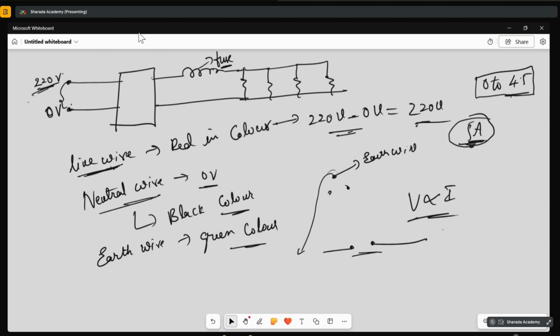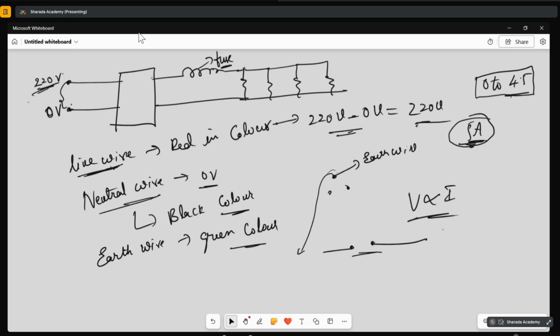So what we will do for the iron box and all, usually wherever they want more current, they use a separate connection. There you will have separate plug points for that.